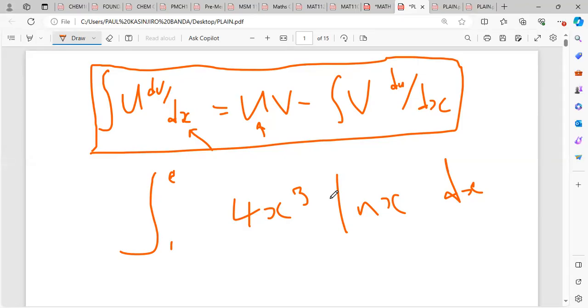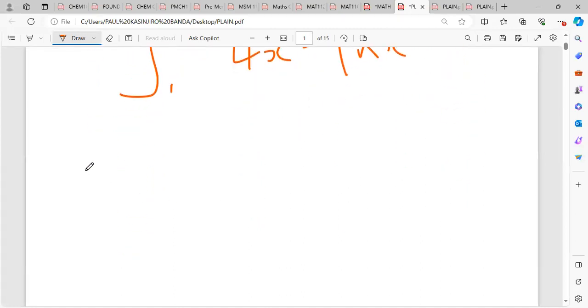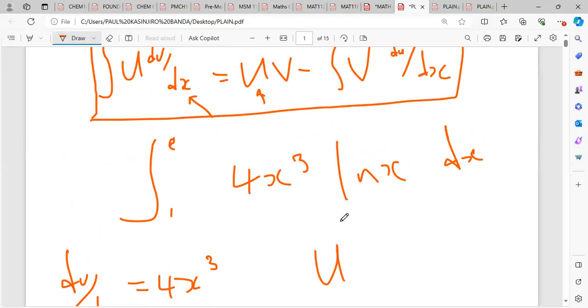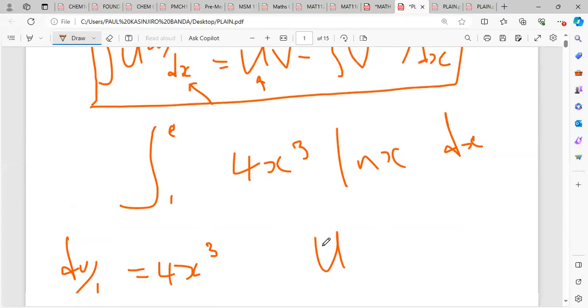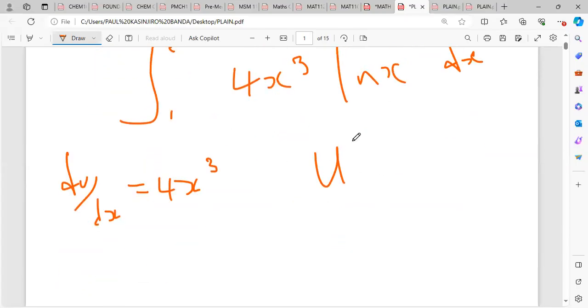You cannot easily integrate ln, so it means the dv dx is 4x to the power 3. So dv dx is equal to 4x cubed. Then the u, you always choose the one that is difficult to integrate, which is the ln x, but it's simple to differentiate. So u is equal to ln x.